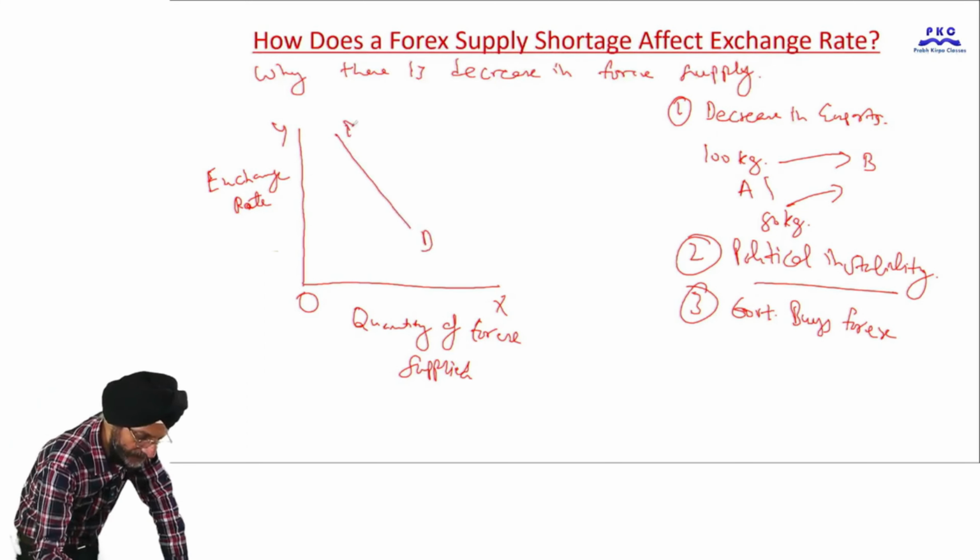Now the topic before us is impact of increase in foreign exchange demand on exchange rate. As an individual, on an individual level, we may say that we are from a middle class family. We do not have any passport. None of our relatives lives abroad.